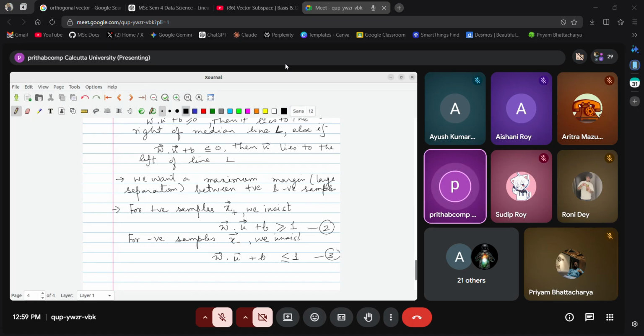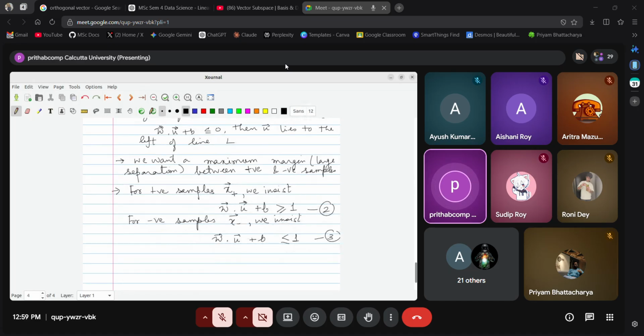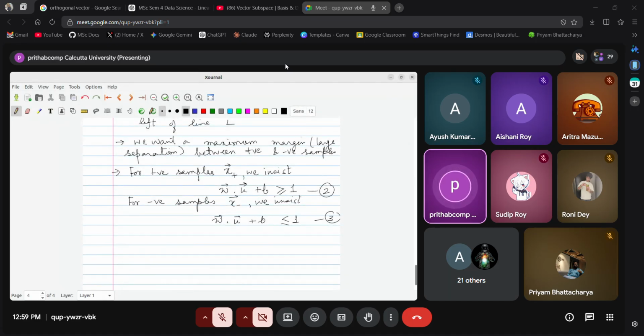So then it is going to create a margin. For what values of w and b are we going to get these two equations satisfied?